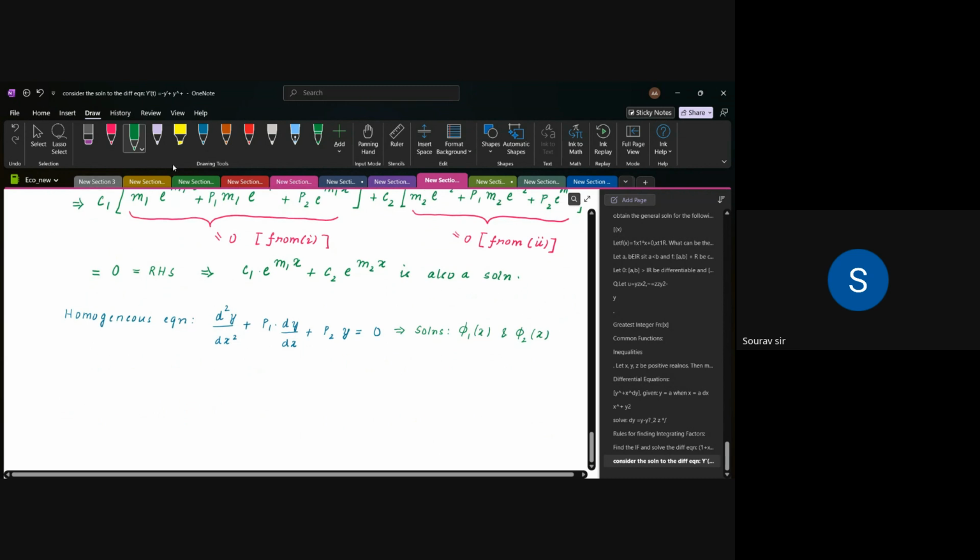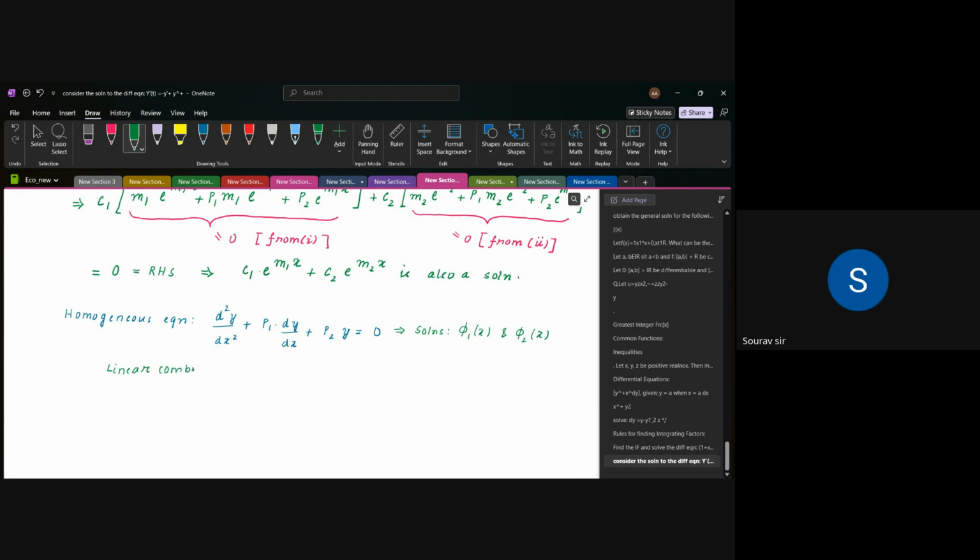Can any of you take a guess: if I take a linear combination of these two solutions, C1 phi 1x plus C2 phi 2x, will that also be a solution of this?